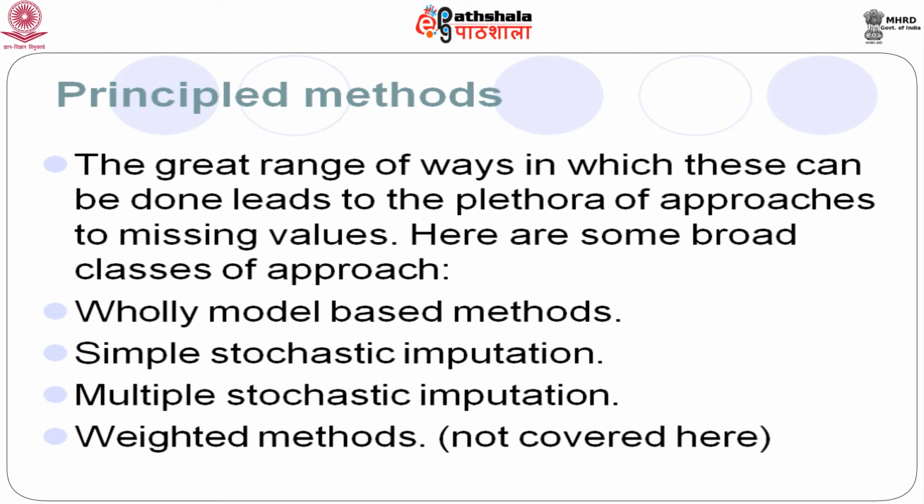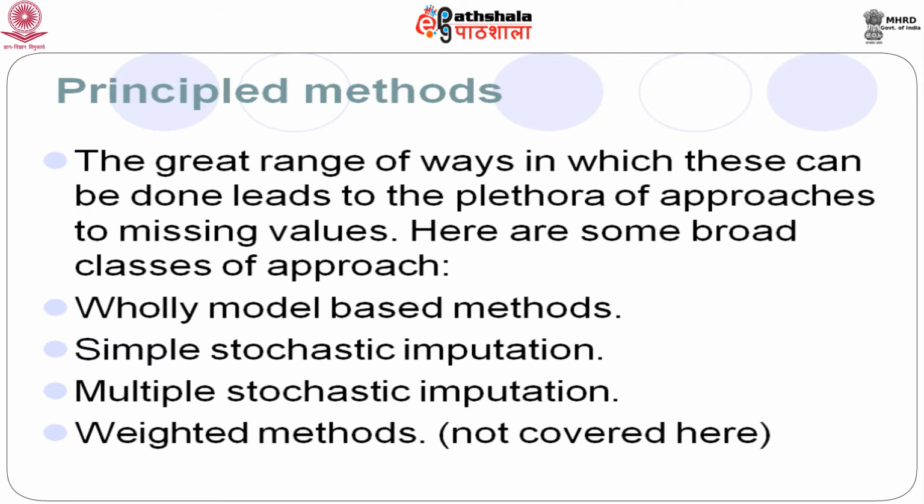The principal methods: the great range of ways in which these can be done leads to a plethora of approaches to missing values. Here are some broad classes of approach: wholly model-based methods, simple stochastic imputation, multiple stochastic imputation, weighted methods.